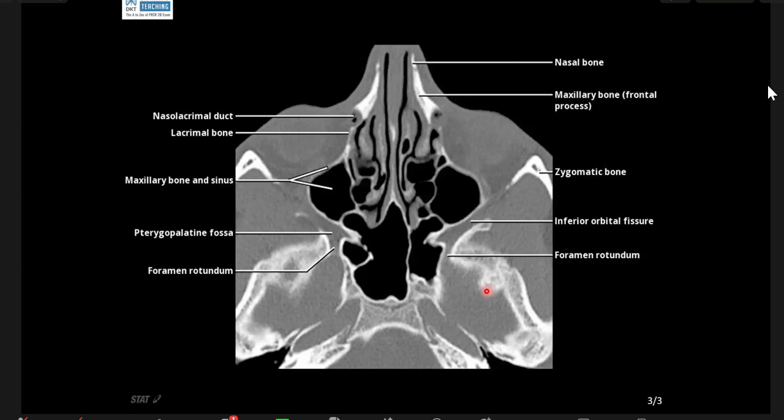And look where we are here. We are at the pterygopalatine fossa. Here, there is a fissure which partly opens out into the masticator space. So this is in head and neck. It does not communicate with the brain. So remember that.